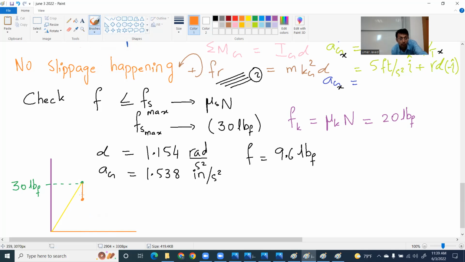And where are you sitting? You are sitting at 9.6. I think we are somewhere here. I'm not sure whether it's up to scale or not. And then let me continue this with a purple line and we are going for a break. The y-axis will have friction or whatever.